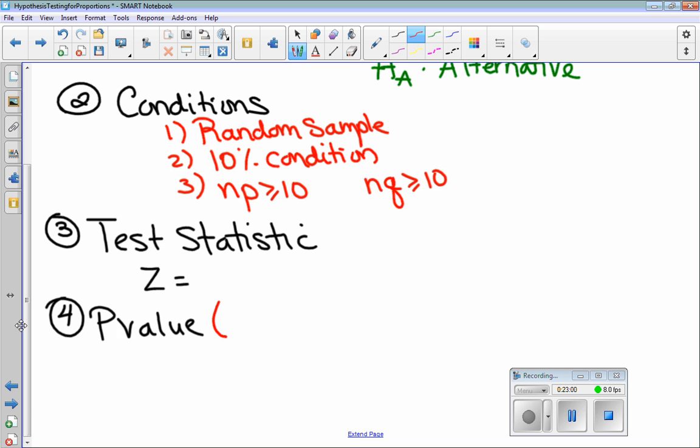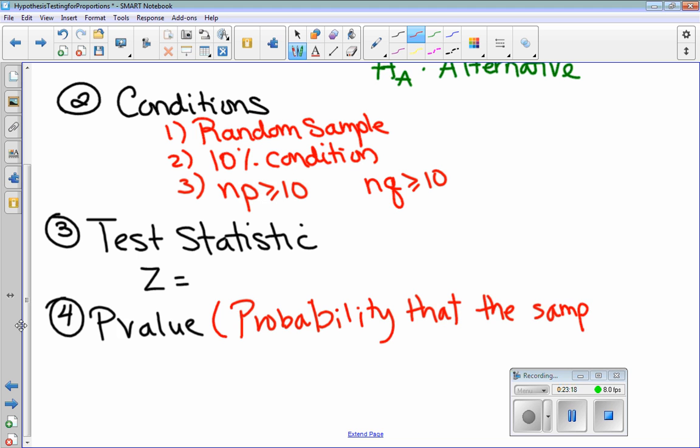P-value is the probability, can't really spell probability, that the sample happened by chance. Would we want a small p-value or a large p-value?